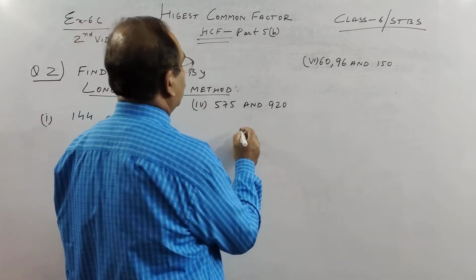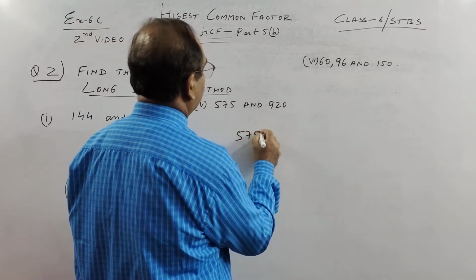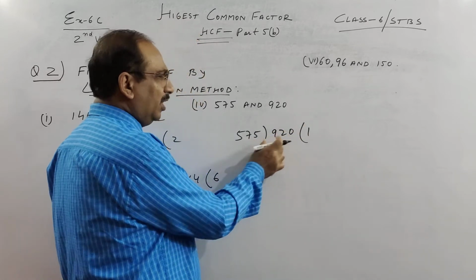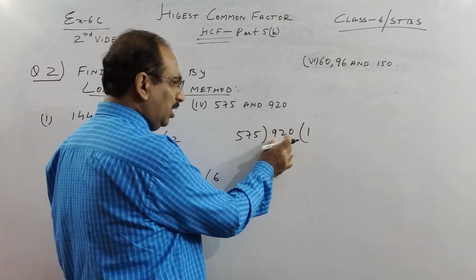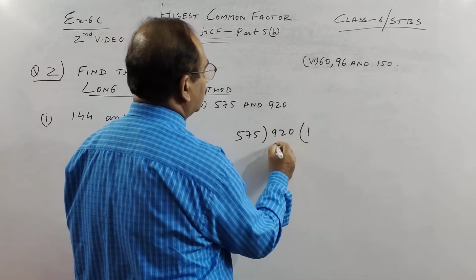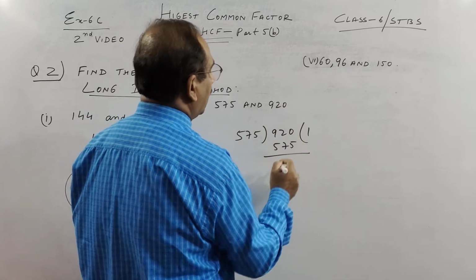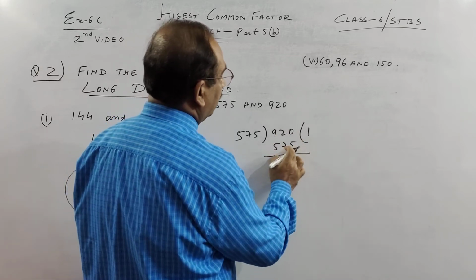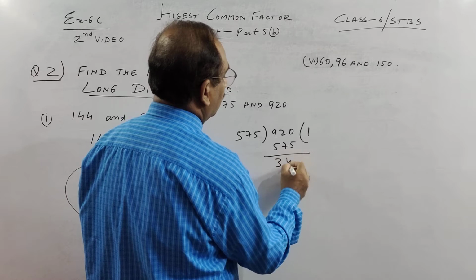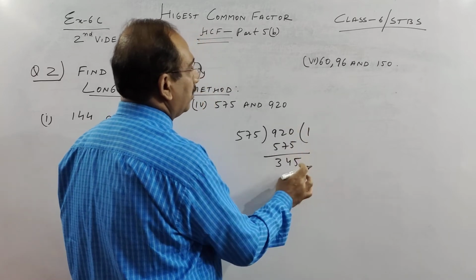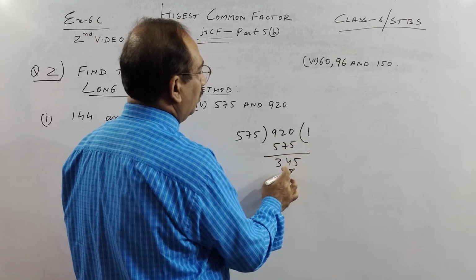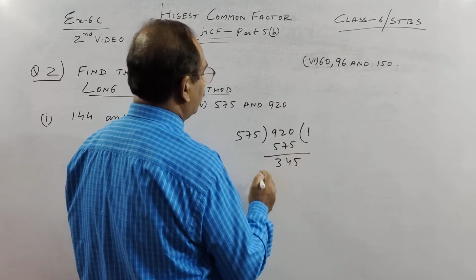So here we go for the next question, 575 and 920. This is more than half. You have to check whether it goes one or two times. If this is more than half, it will go one time. If you subtract, children, you get 345: 10 minus 5 is 5, 11 minus 7 is 4, 8 minus 5 is 3.